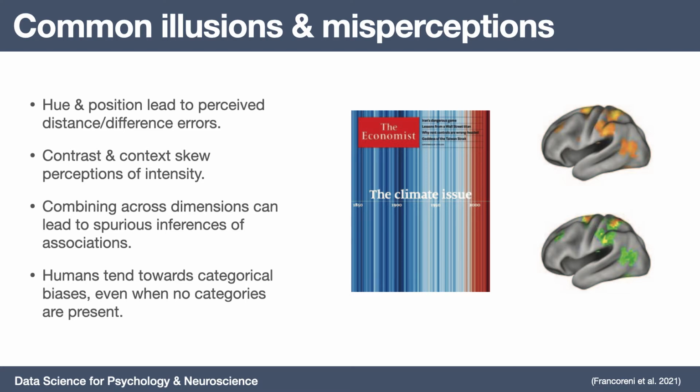Now, our mind sees greater difference in values as we go from green to yellow to orange than as we go from orange to yellow in the top plot. It looks like there's a greater difference of activity in the brain on the bottom than the brain on the top, even though the statistical values that go into the map are identical. So these are some common visual perception biases or illusions that can lead to misperceptions of data.